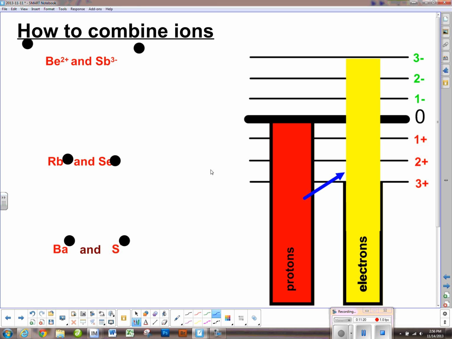All right, so now that we kind of are getting this concept and why these charges are what they are, now we can actually see how to write the formula for the molecule that they will form. So I'm going to put a Be down here, and I'm going to put an Sb over here, because Be is always first because, what's his charge?